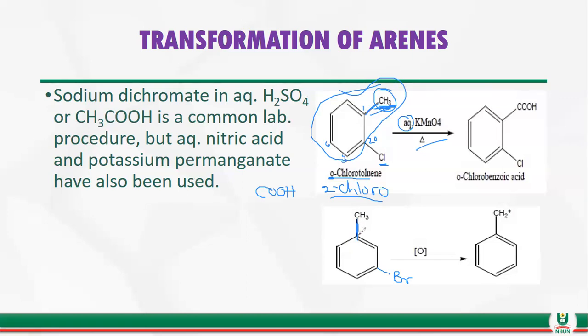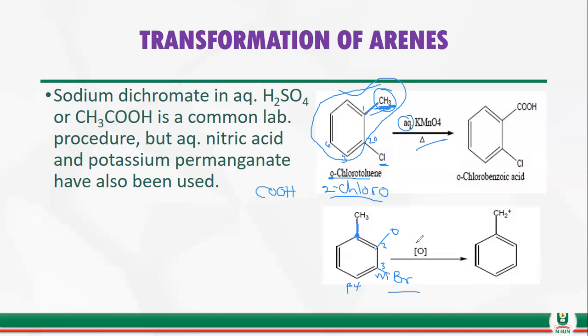So the first carbon in the benzene will be this, and you start counting from there. This is 1, this is 2, this is 3, this is 4. That's if you are using numbering. That's why we say it's 3-bromotoluene. But if I want to use alphabets, I said if you know the origin, the next to that origin is the ortho. Next to the ortho is the meta. On the 4th position is the para. So what will you call this compound now? Meta-bromotoluene. Very good. Meta-bromotoluene.